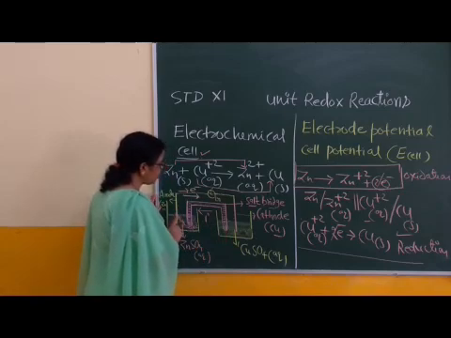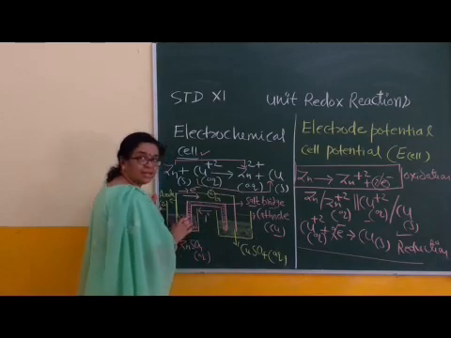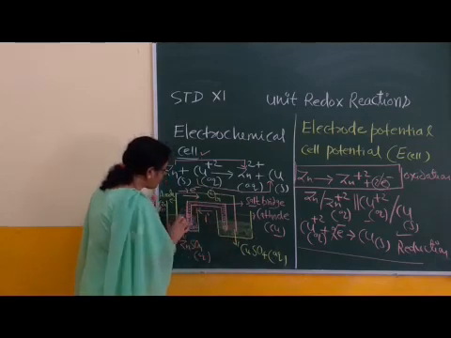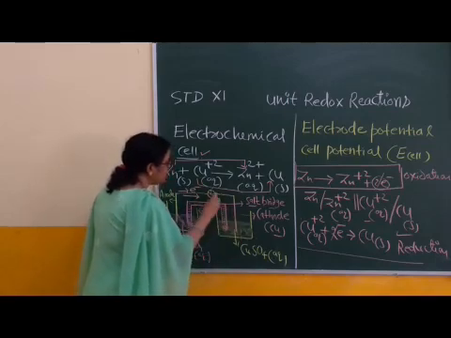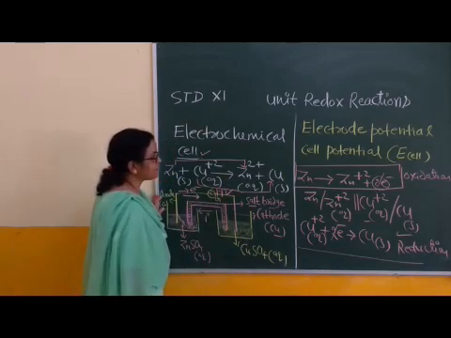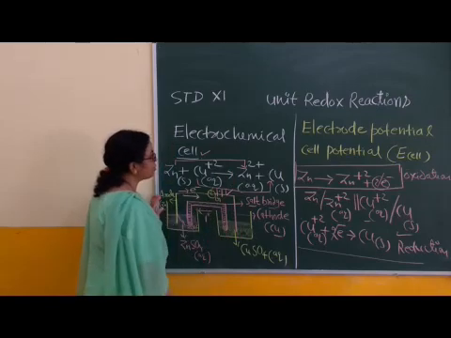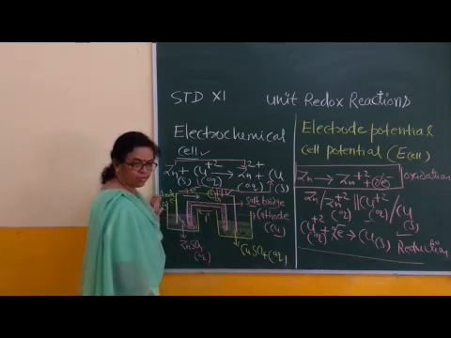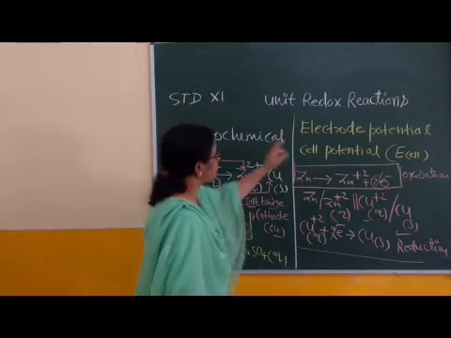Then what is the net efficiency? When the zinc anode is connected with the copper cathode, its efficiency is to produce 1.1 volt. Why 1.1 volt? Electrode potential.